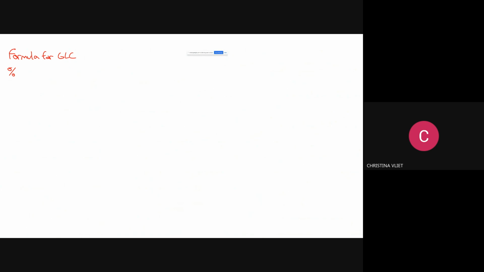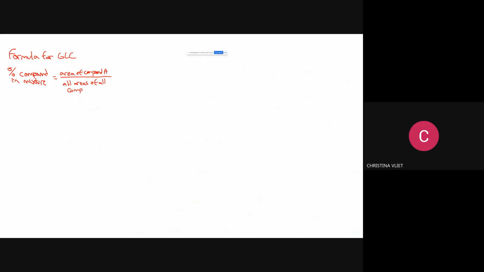So the percentage of any compound in the mixture. In order to get this, all you have to do is find the area of compound A, whatever compound they're looking for, and divide that by all the areas of all the compounds.